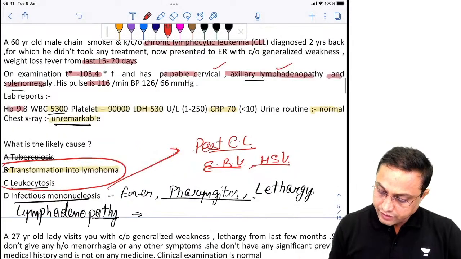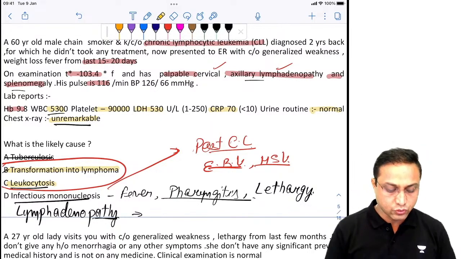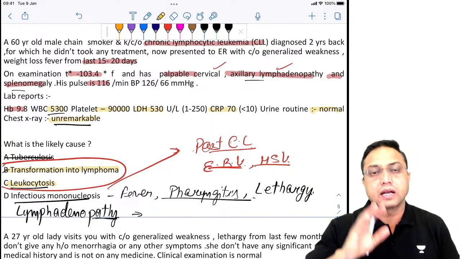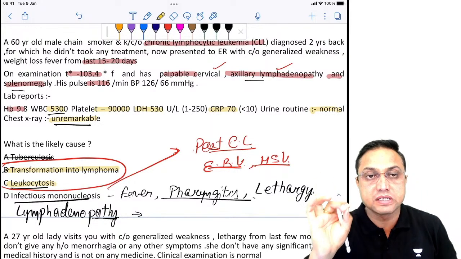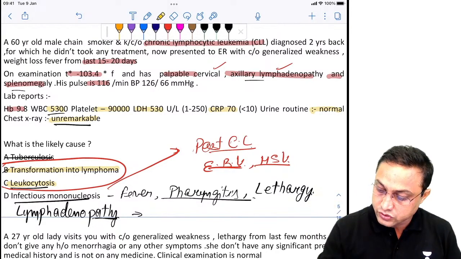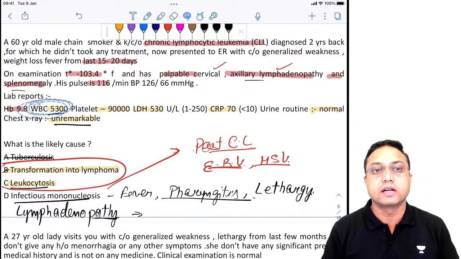Right, now we were left with only the last thing, that was what? Leukocytosis. Now understand the concept that leukocytosis can occur in any kind of leukemia. The name itself is suggesting leukocytosis, but if the patient had leukocytosis, look at the WBC count.